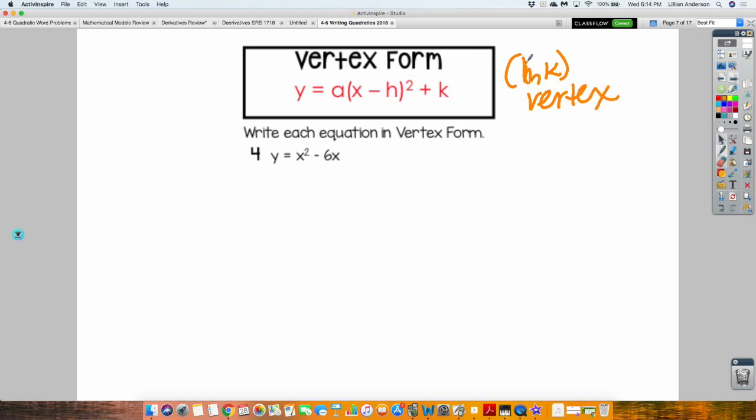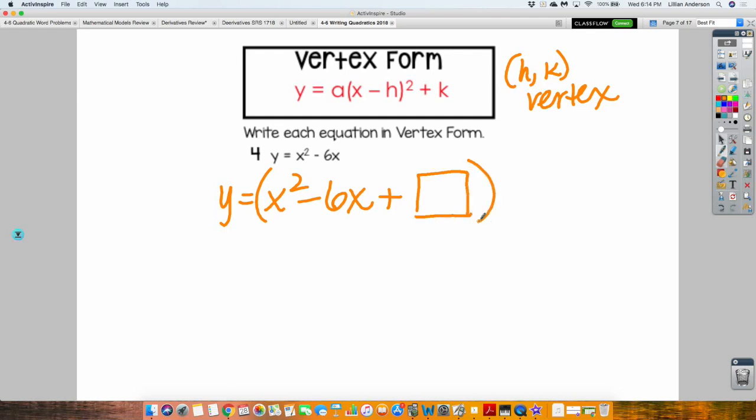So when you're writing the equation in vertex form from standard form, like I said, you want to complete the square. And you want to complete the square on the same side. Same rules apply. It needs to be in the form of x squared plus bx, which this problem is. And we know we're trying to fill in this value. Now, in standard form, our c is 0.